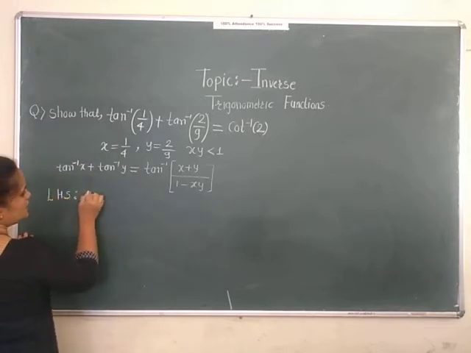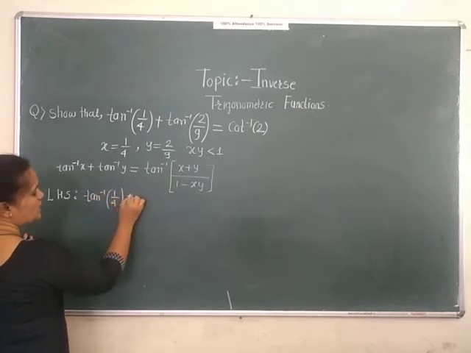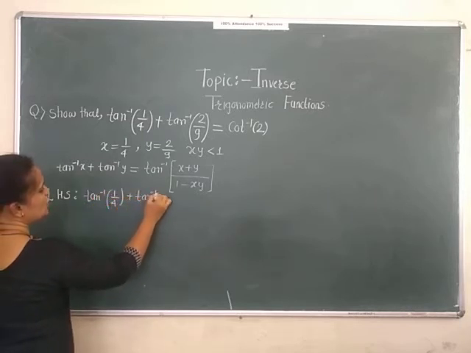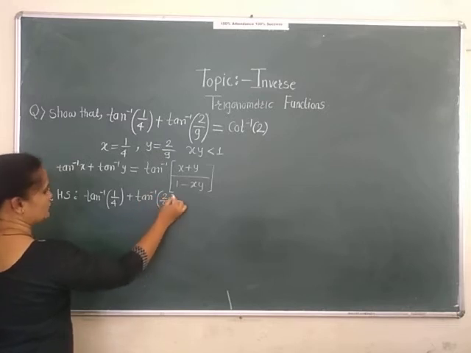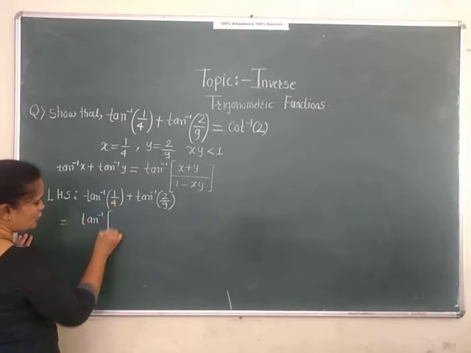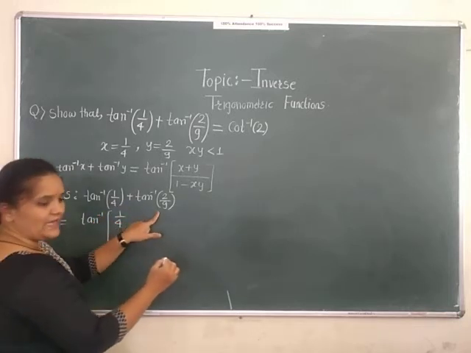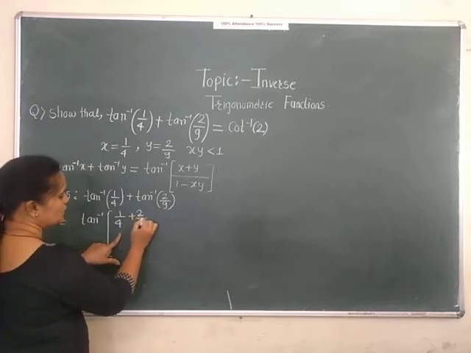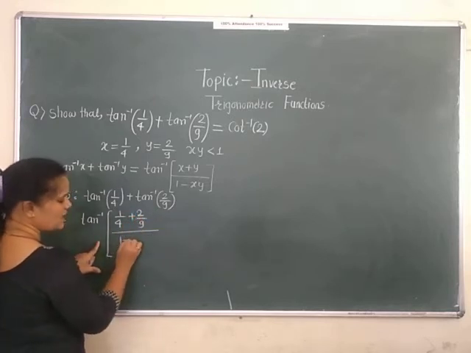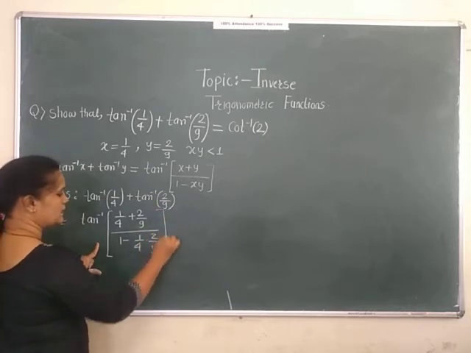LHS is tan inverse of 1 by 4 plus tan inverse of 2 by 9. Okay, so it is equal to tan inverse of, in the bracket, x is 1 by 4 and y is 2 by 9, divided by 1 minus 1 by 4 into 2 by 9.